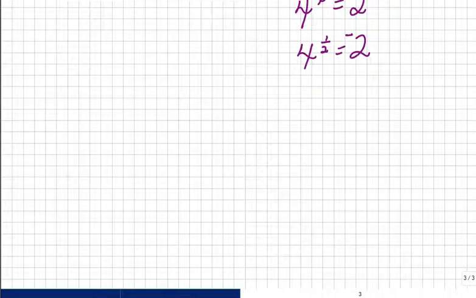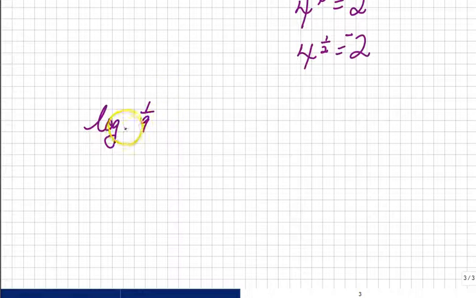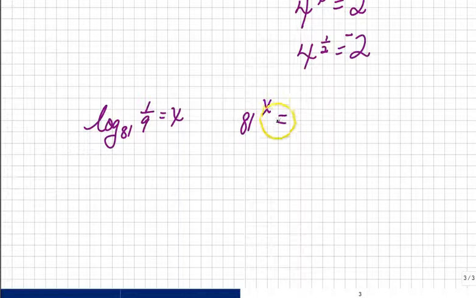Let's take a look at one more tricky fraction problem. How about the log of 1/9 base 81 equals x. Well, let's think again what this means. It means 81 to what power of x gives an answer of 1/9.